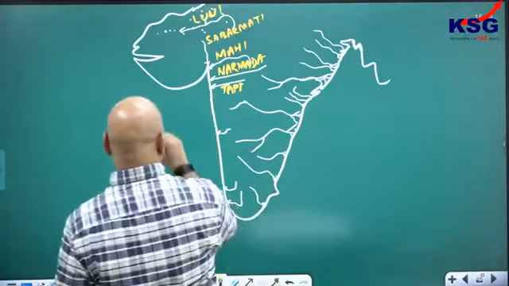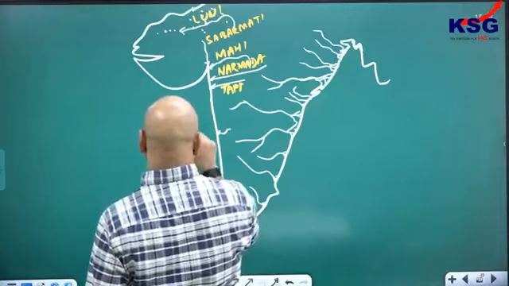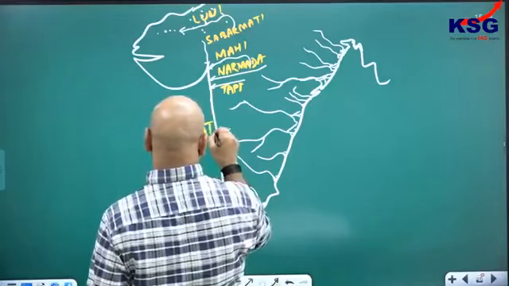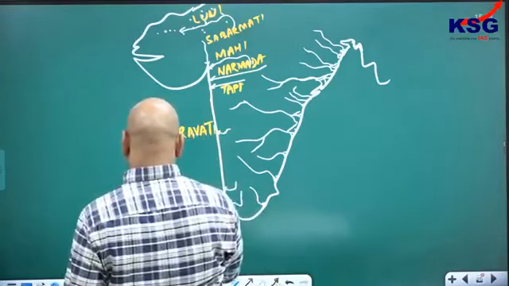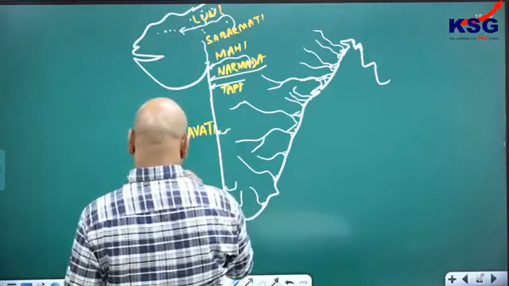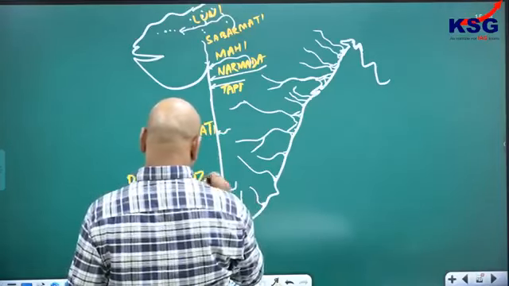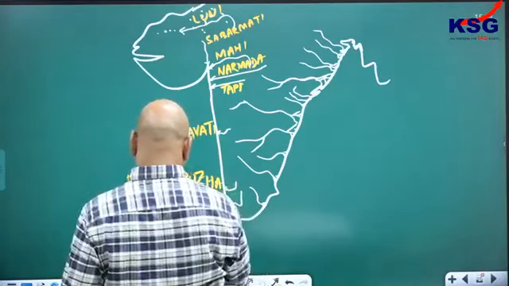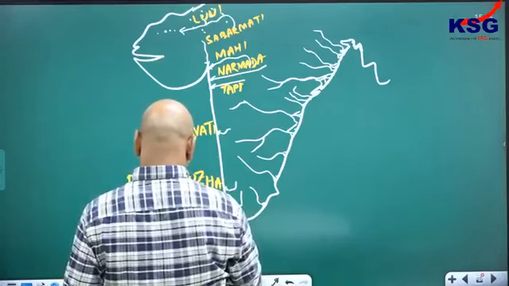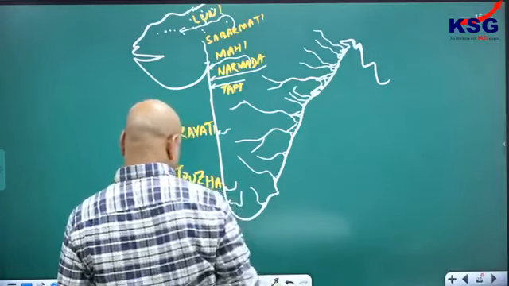This is river Sharavati. This is river Bharatapuzha. This is the Periyar river. All these are west flowing rivers here.